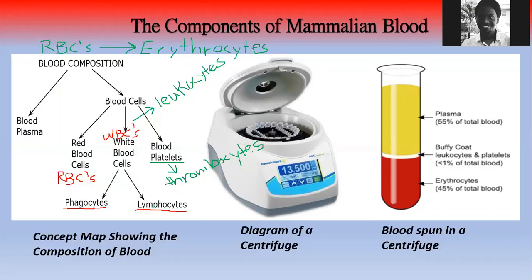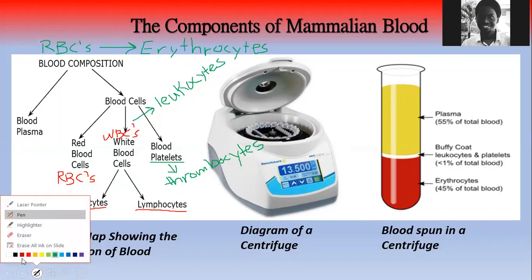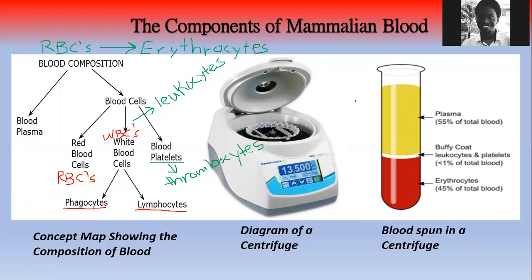Good. Now, if you use a centrifuge, so in the middle of the screen here, we have a centrifuge. If you put a test tube or a tube containing blood inside of the centrifuge, so all these you're seeing here, all these are tubes that contain blood.